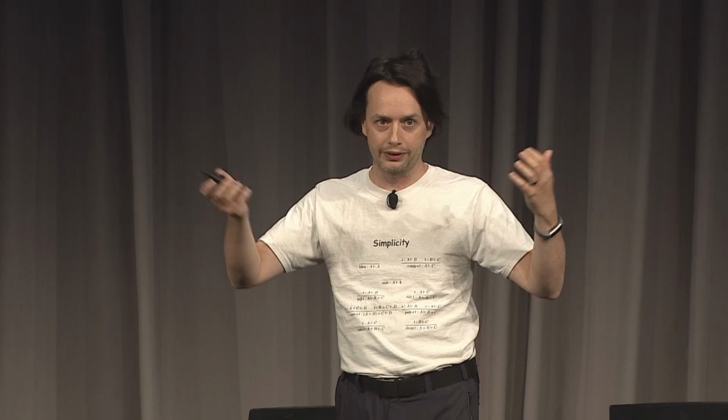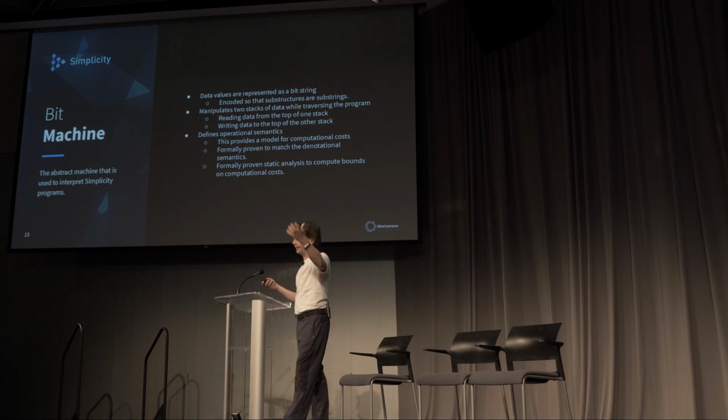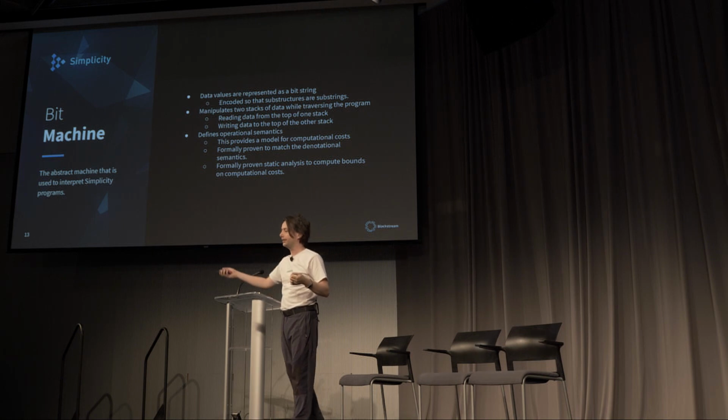The bit machine manipulates 2 stacks of data while traversing this DAG that we saw over here. It's got a read data stack that it reads from, and this other data stack that it writes to.